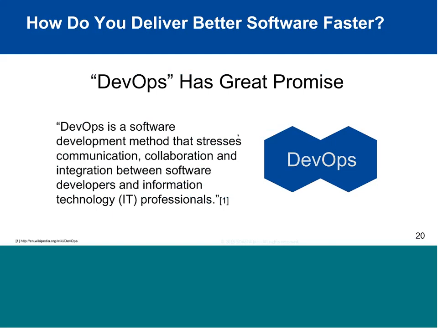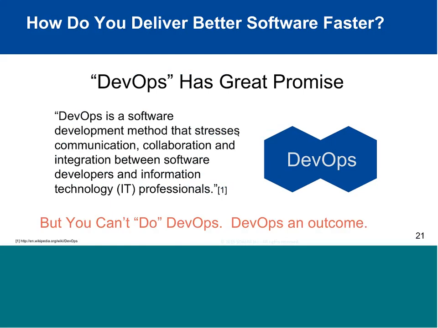Now, DevOps is probably a term that you guys are familiar with, but just to recap, DevOps is a software development philosophy or methodology that places an emphasis on communication, collaboration, and integration between dev, test, operations, and other stakeholders in the software development process to ensure that all of the stakeholders are marching towards the goal of producing better software faster and getting that deployed to the customer so they can recognize value sooner.